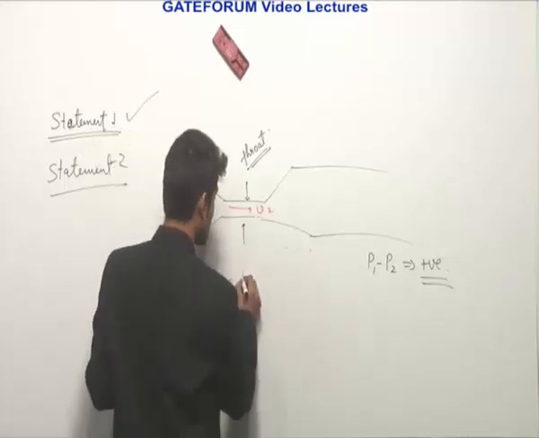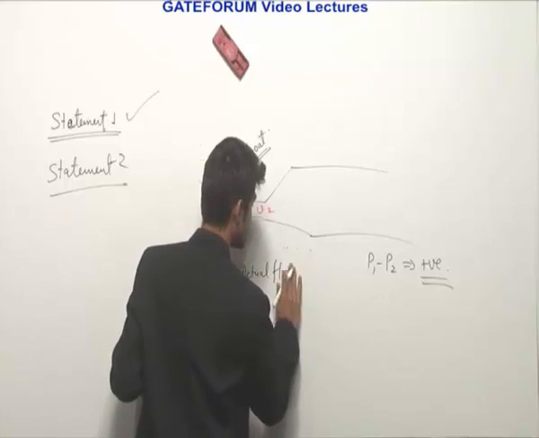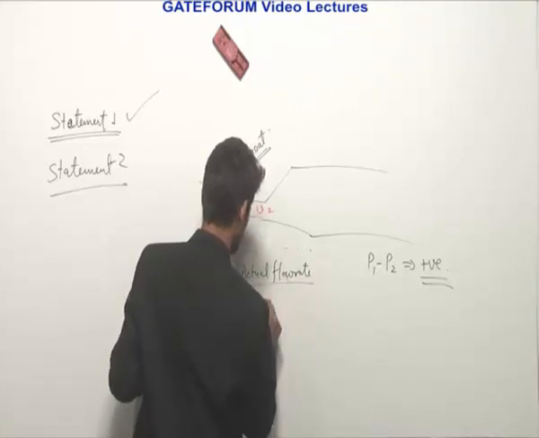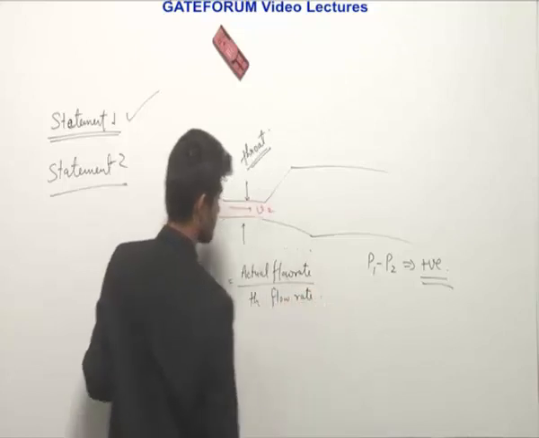What is coefficient of discharge? It is actual flow rate to theoretical flow rate.